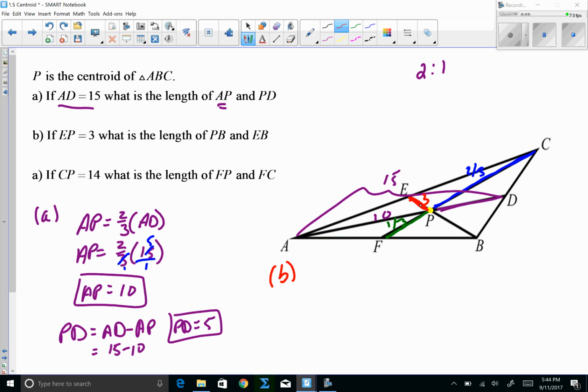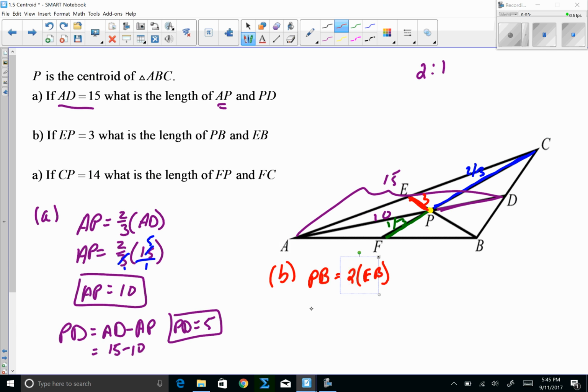Because if this is 1/3 and this is 2/3, that means that the larger section, the 2/3 section, is twice the size of the smaller section. So in this case, PB is going to equal 2 times whatever the smaller section is.